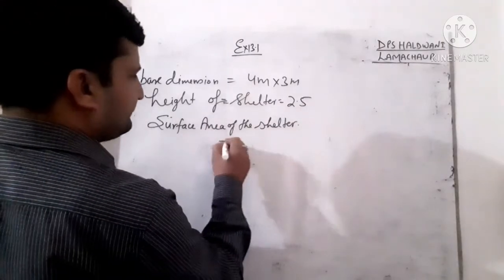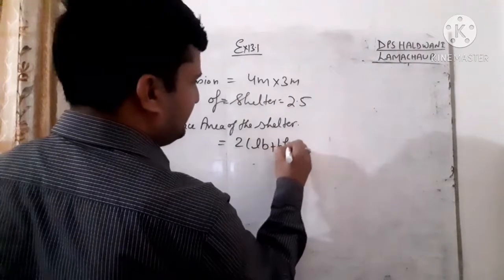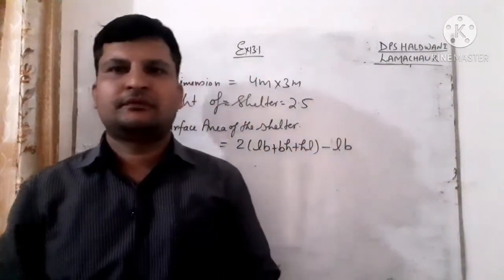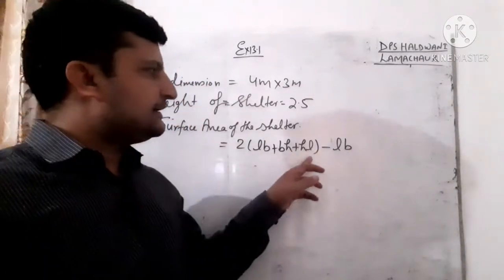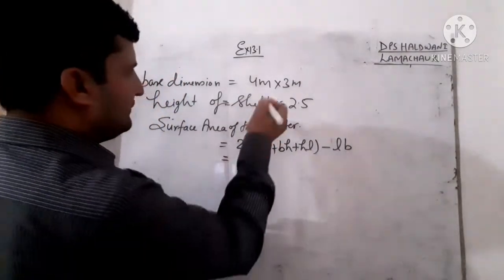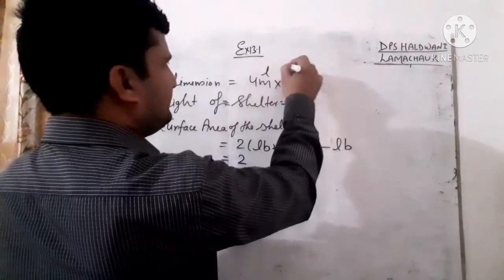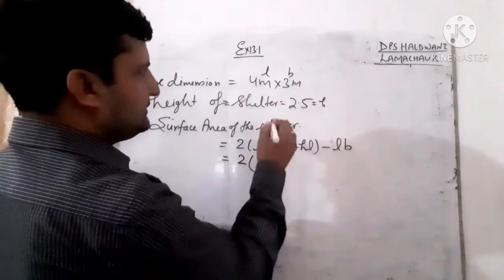That is 2 into LB plus BH plus HL minus LB. So student, we can write it 2 into LB plus BH plus HL minus LB. Now we have to solve this one. This is the base dimension, means one is L, one is B, and H is given that this one. So student, now put all the values here.